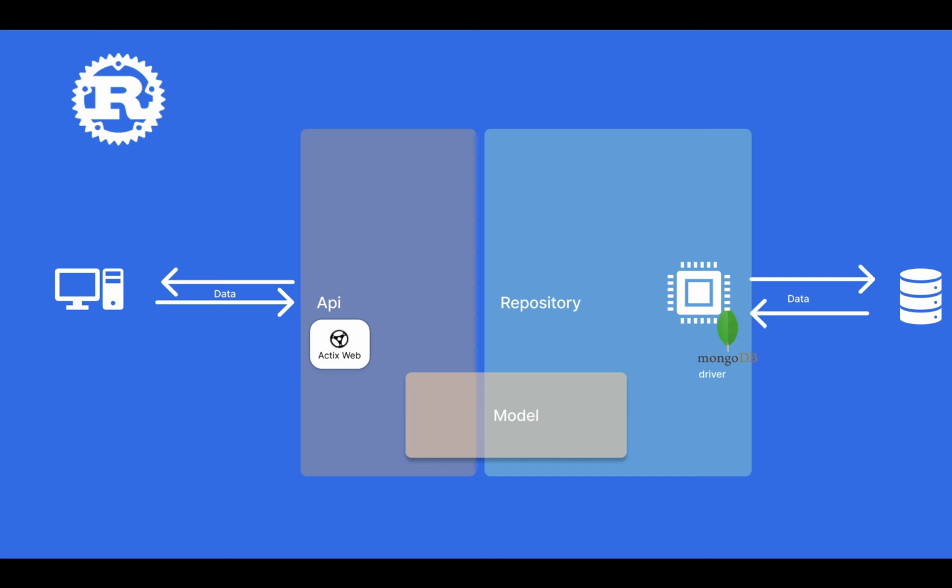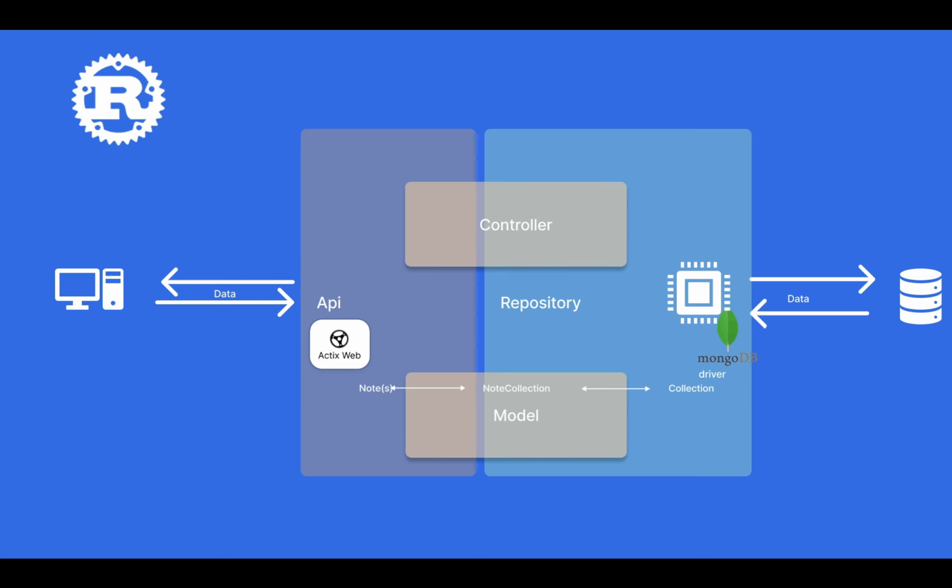So that's gonna make sure that we use a consistent schema to communicate between the API and the repository. So MongoDB uses collections to organize their data. So we will transform that using the model into a struct that you can use in Rust.